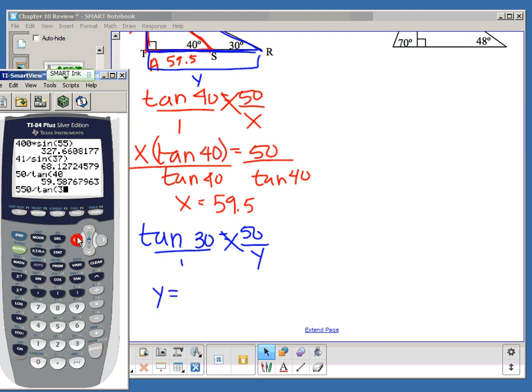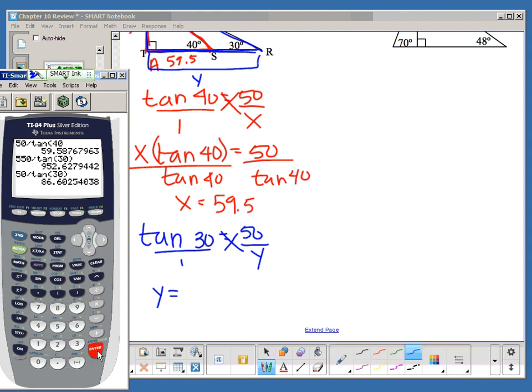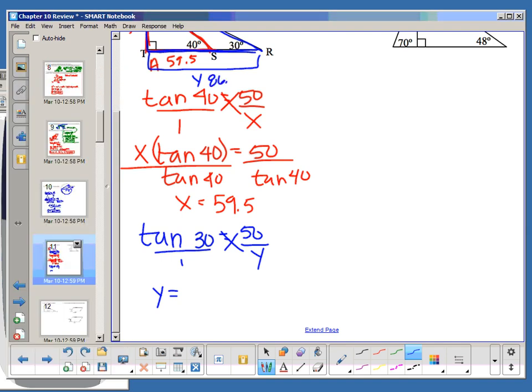Oops, not tan of 3. Uh-oh, I did 550. 50 divided by tan of 30. All right, let's see if I can get this. 86.6. So that means this value up here is 86.6.